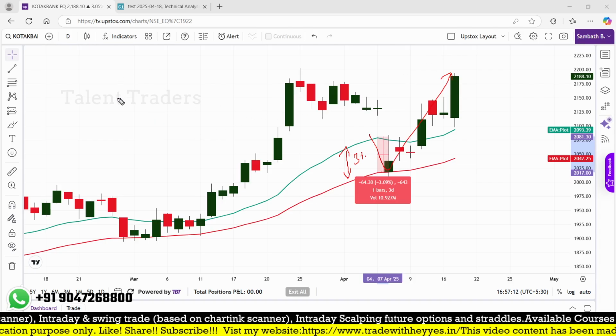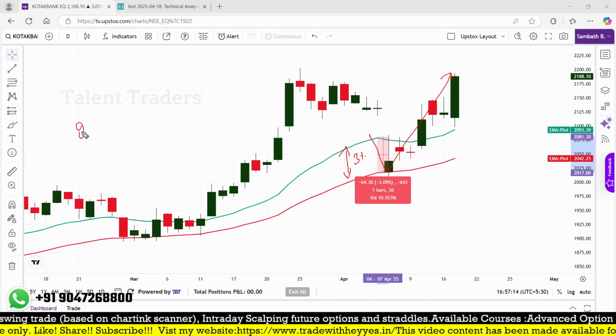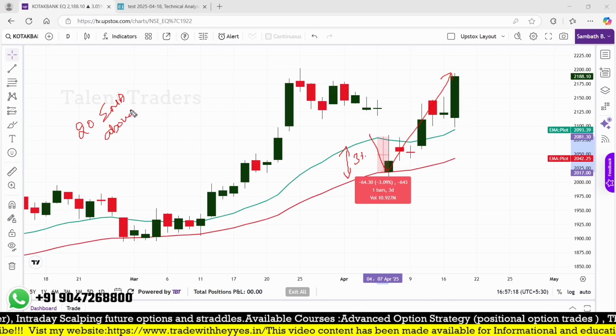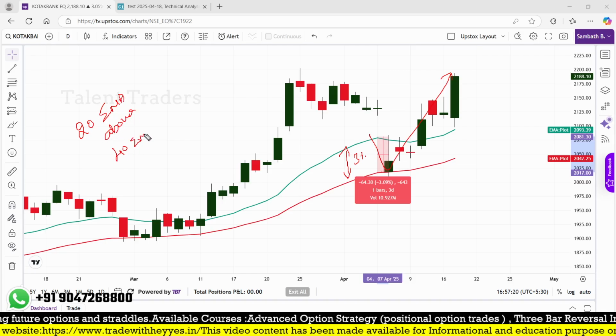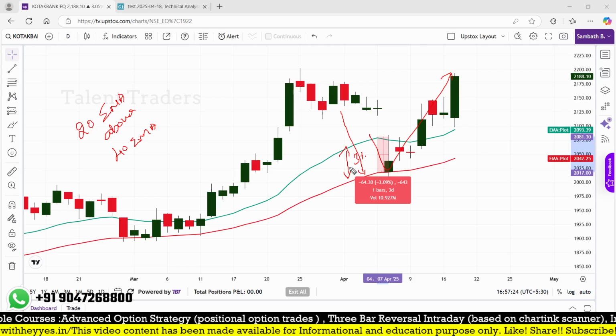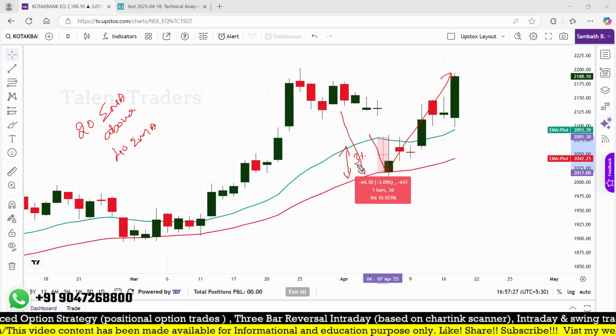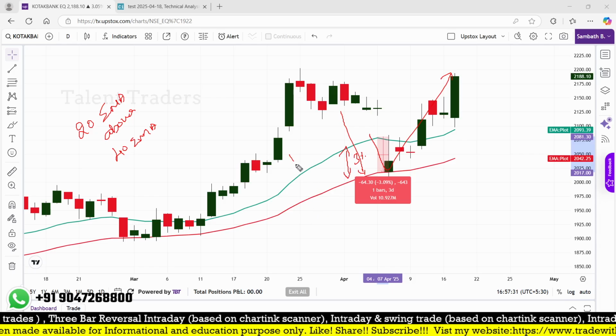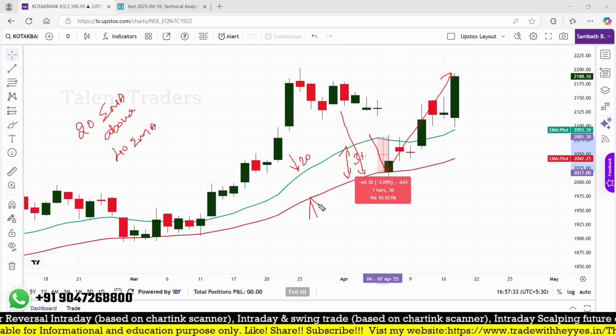The first one which we created is: the 20 EMA is above the 40 EMA, and then the condition is a 3% gap between these two moving averages, and suddenly the stock tests the lower moving average. In this case this is the 20 moving average and this is the 40.